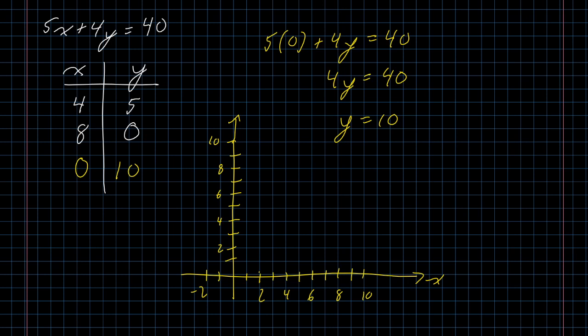I also don't want to spend forever numbering things, so you can see that I've numbered every other tick mark here instead of numbering every tick mark. I'm going to go ahead and plot my points when x is 4 and y is 5. That takes us to the point right here, right? So I find x is 4 on my x-axis, I find y is 5 on my y-axis, I bring those together, and I get the point that's right there on my coordinate plane.